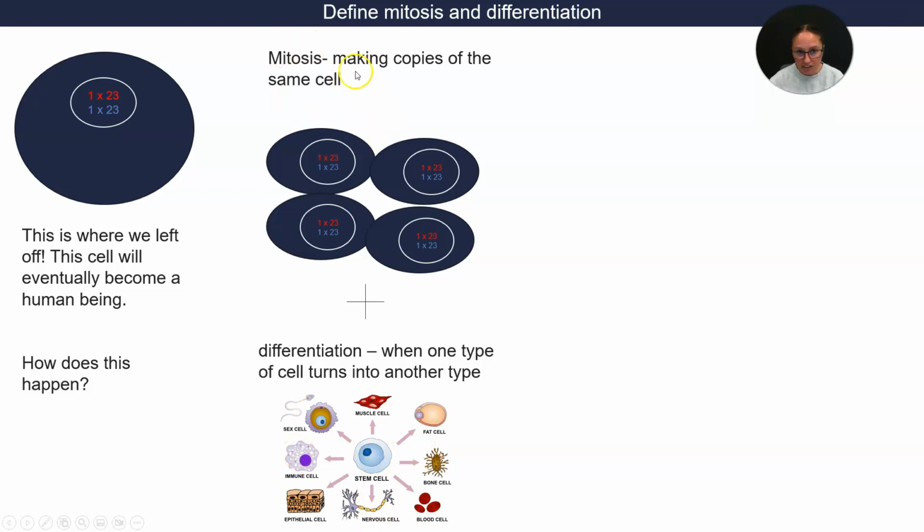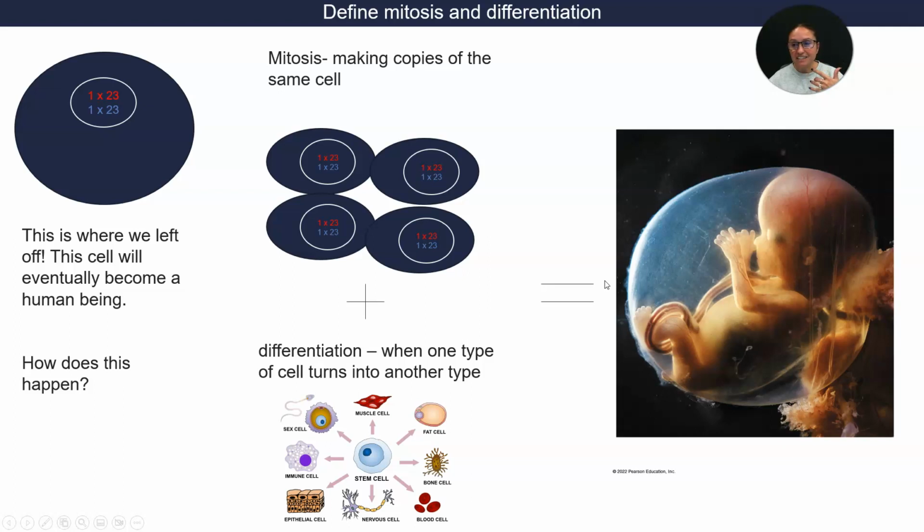So mitosis is making exact copies, but we also have this process of differentiation, which means these cells can become all the different cells of the body. That is going to produce a new human being just by mitosis and cell differentiation. We get all of the different cells of the body.